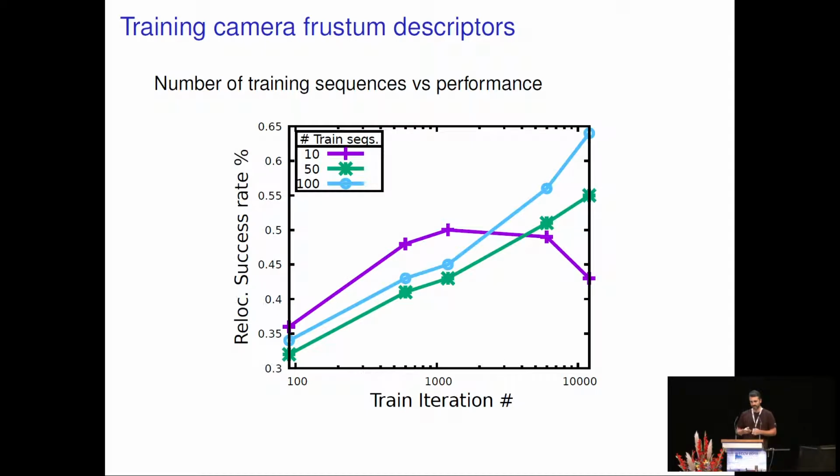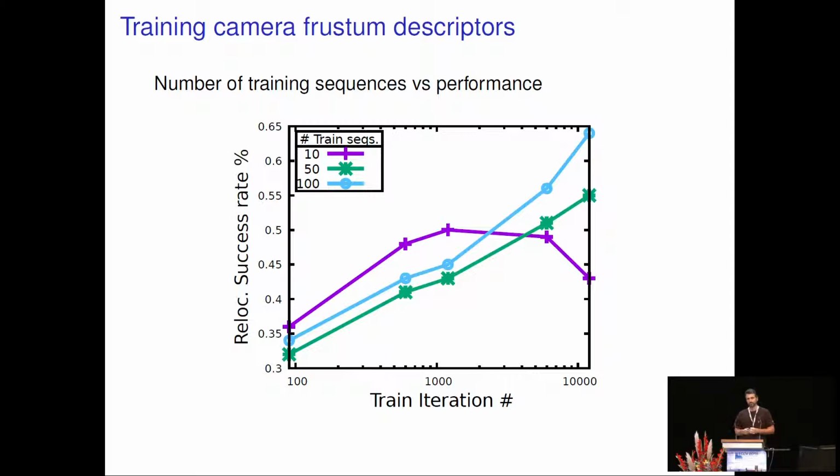Some more training details: in this experiment we used, as we said, the ScanNet dataset to train, which has lots of sequences. So what we did is we kept different small subsets of the training sequences to see the effect of the training size on our descriptors. And we clearly see that when we're only using 10 sequences, the whole method easily overfits.